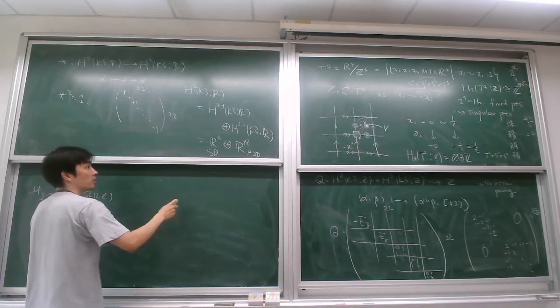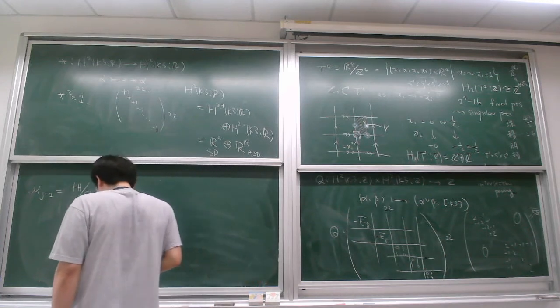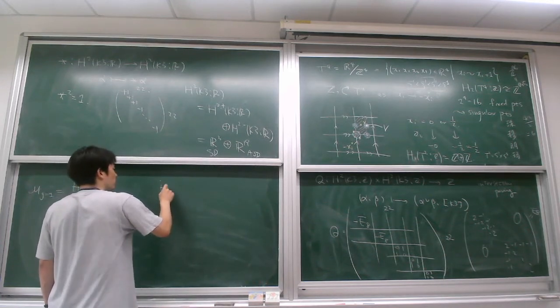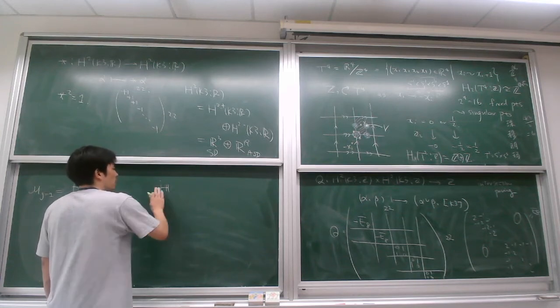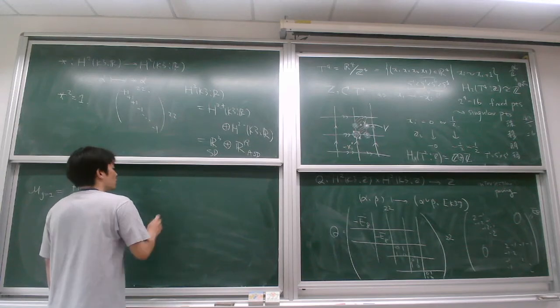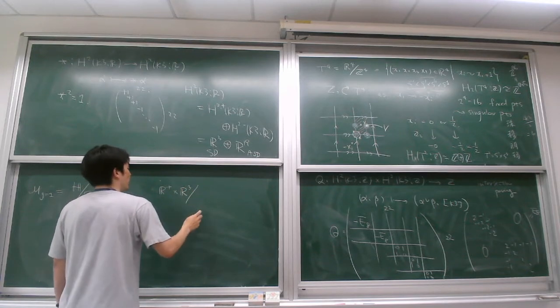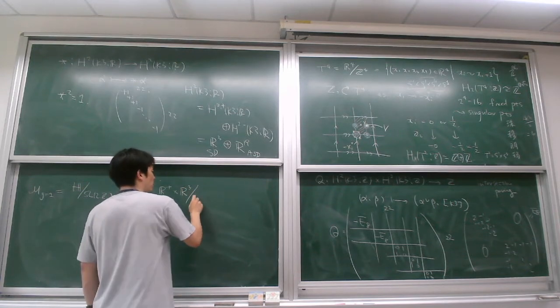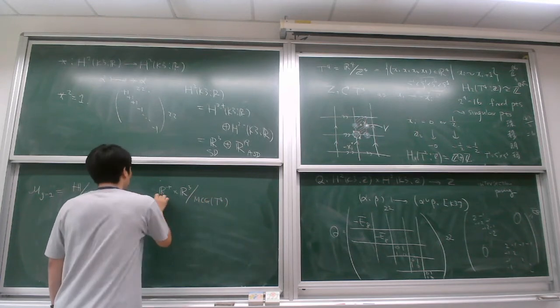You consider a lattice, which can be understood as H of... and then you have a mapping class group of T4. This is the modular space of T4.